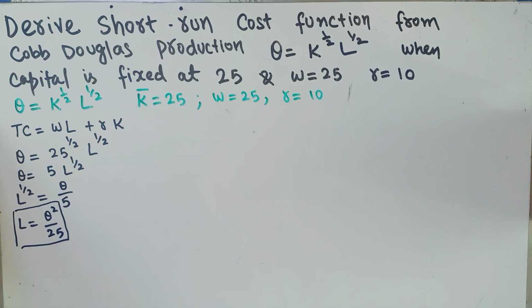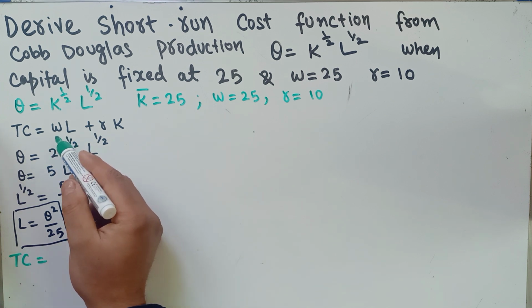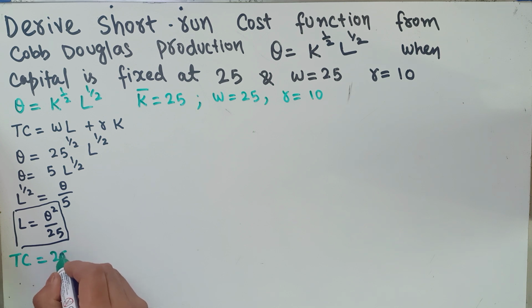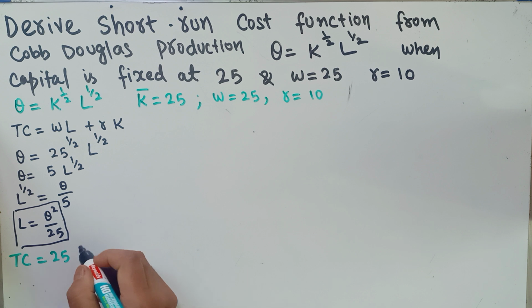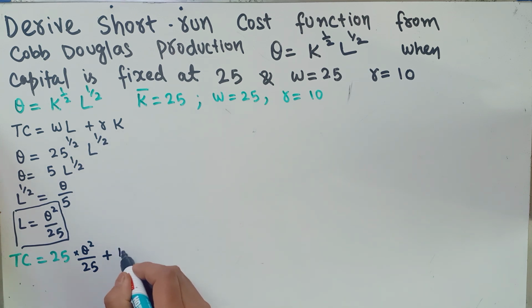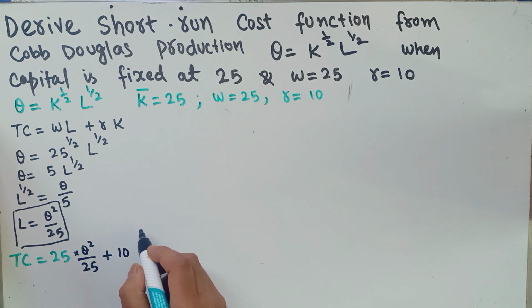Now, what will then be the total cost? Total cost will be equal to the wage rate of labor, which is given as 25, times the value of labor, which we got here as Q squared upon 25, plus the rental rate of capital, which is 10, times units of capital employed, which is 25.